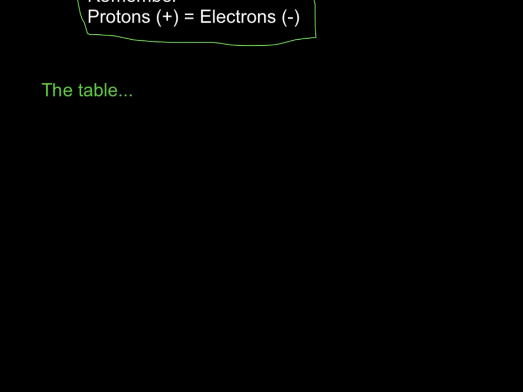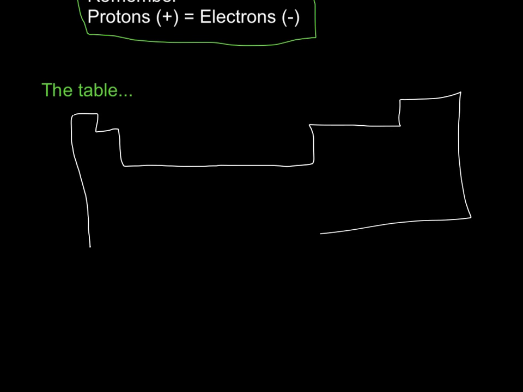So we're going to draw a rough sketch of the table that basically, if we remember, kind of looks like a castle. Your lines don't have to be straight, as my lines are not either.